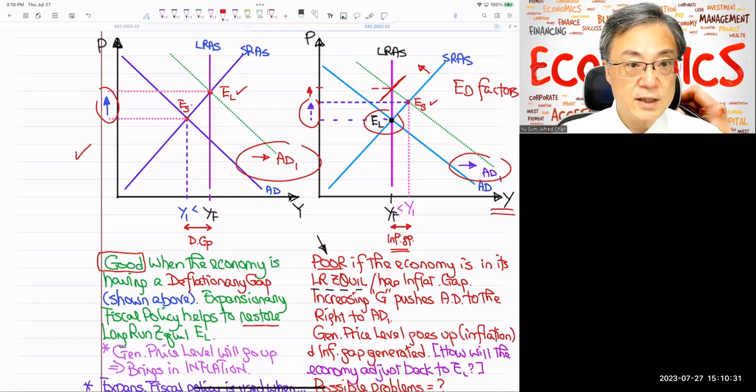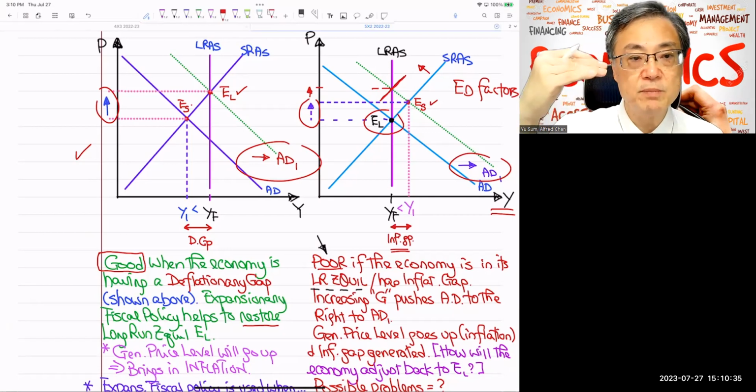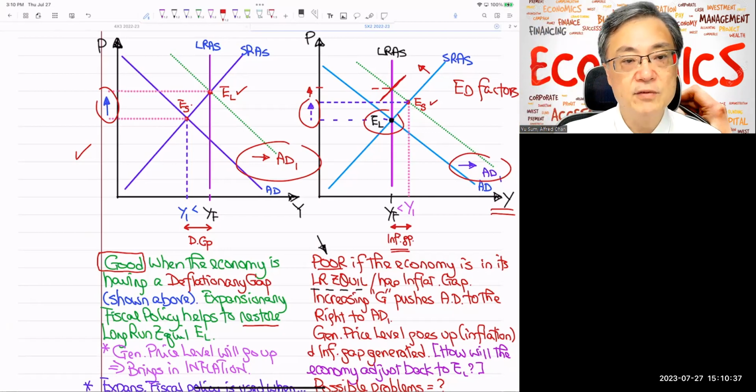So in this case, you don't have any increase in real output, but you keep pushing up the general price level and make the general public suffer because they have to face inflation.